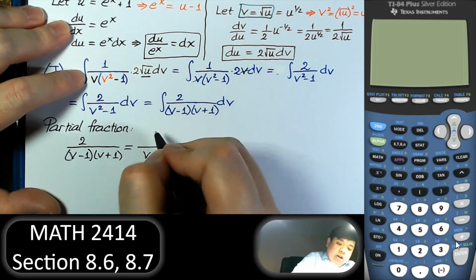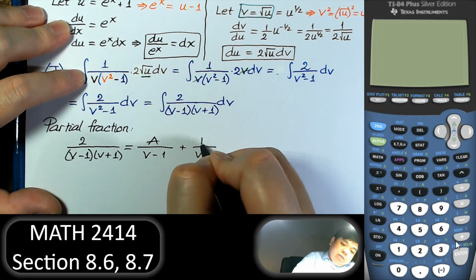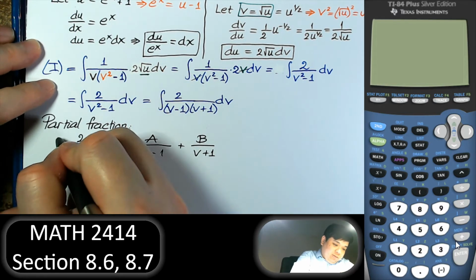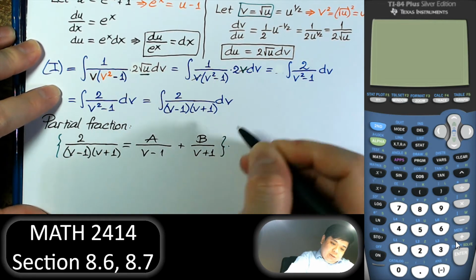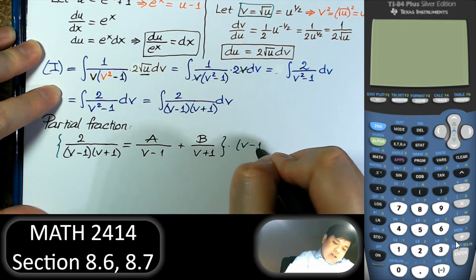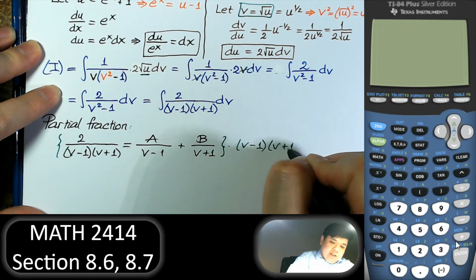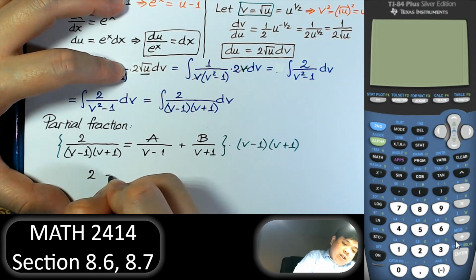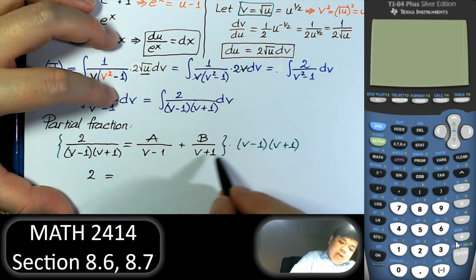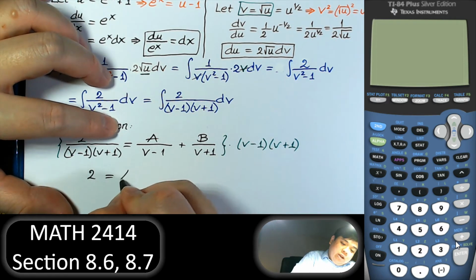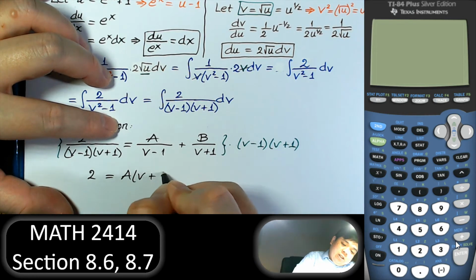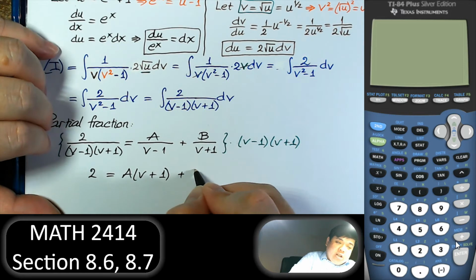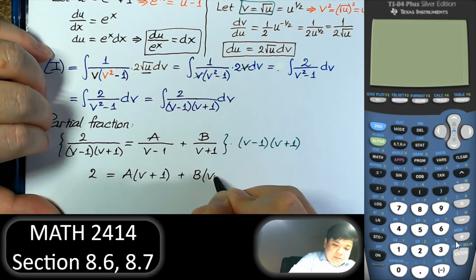So on the top we're going to have A and B. Multiply both sides by the least common denominator. So we have 2 equal to v minus 1 times... v minus 1 cancel. We have A of v plus 1, and then plus v plus 1 cancel out, B of v minus 1.